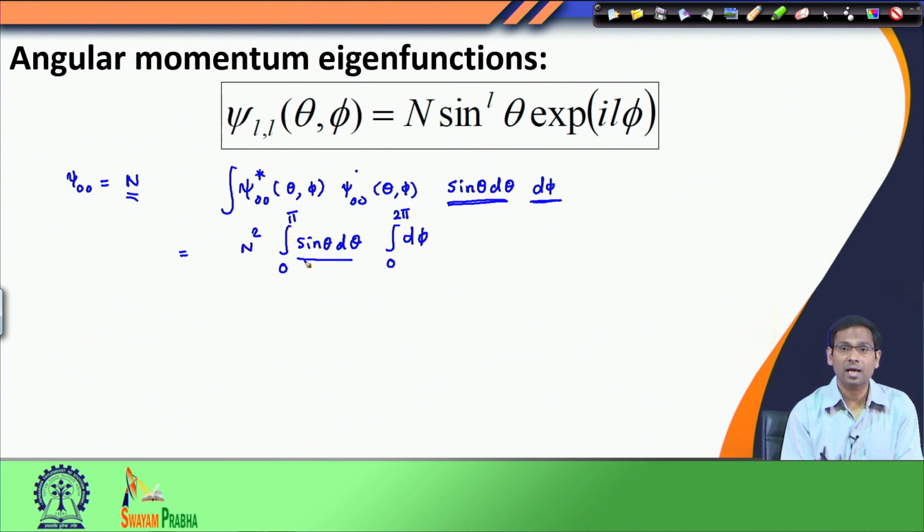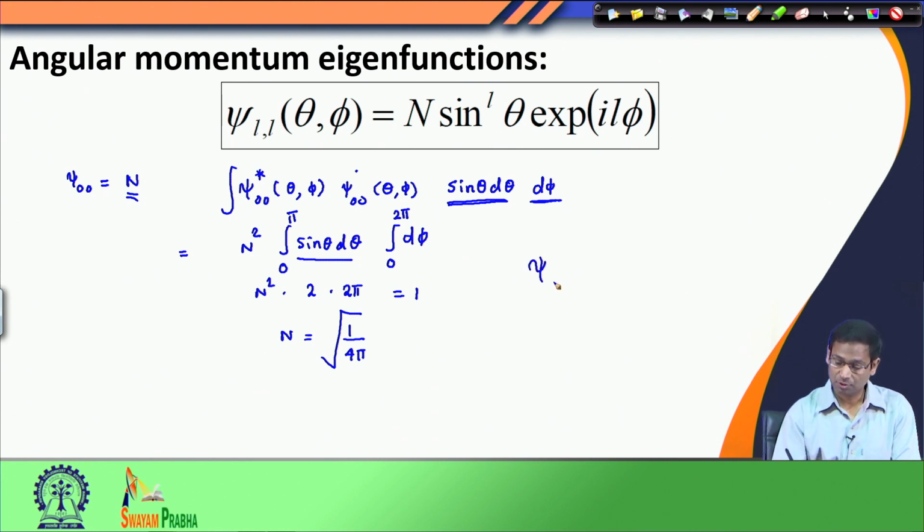When I integrate sin theta, I get minus cosine theta, and putting the limits 0 and pi, I get 2, and when I integrate d phi, I get 2 pi. So, N square into 4 pi: if this function has to be normalized, this quantity has to be 1. Therefore, N becomes 1 over square root of 4 pi, and psi 0 0 is 1 over square root of 4 pi.